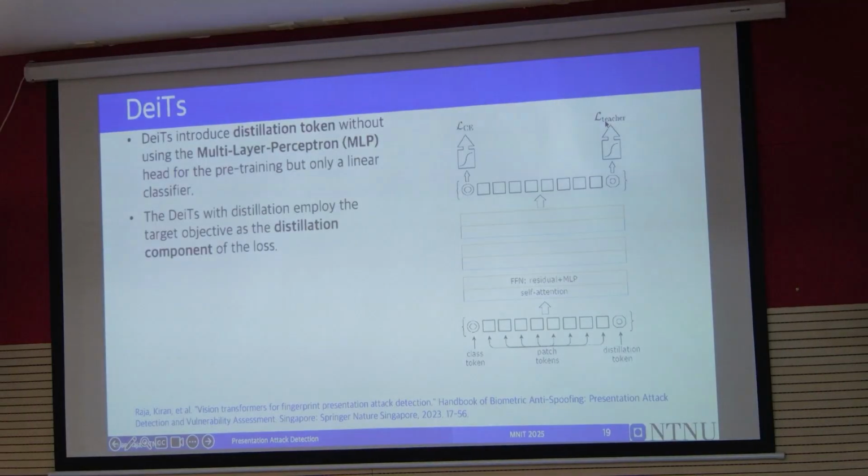For those of you who are more interested in this area, or those who want to explore it a bit further, you can try to understand this CE loss and the teacher loss. They are again used for training the teacher and training the students.